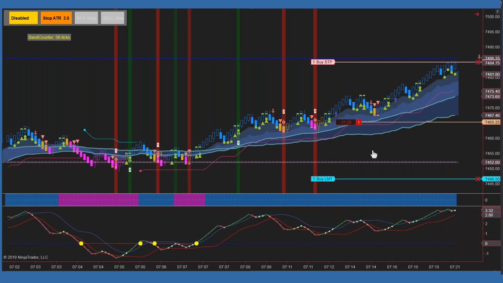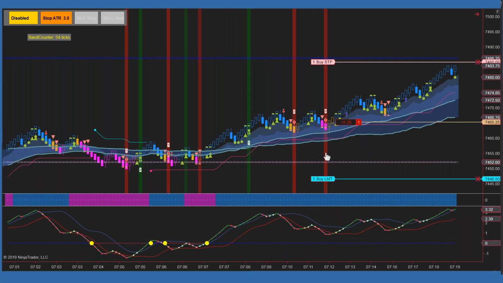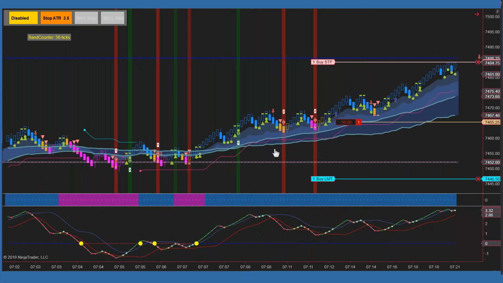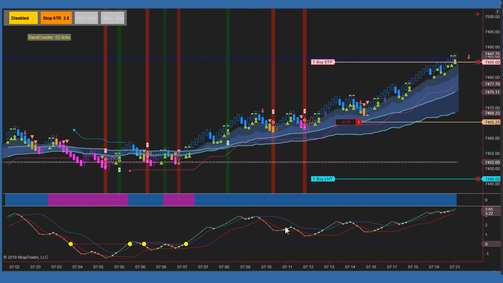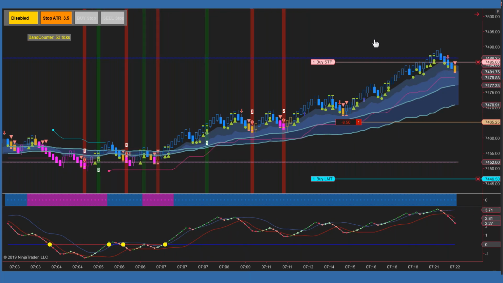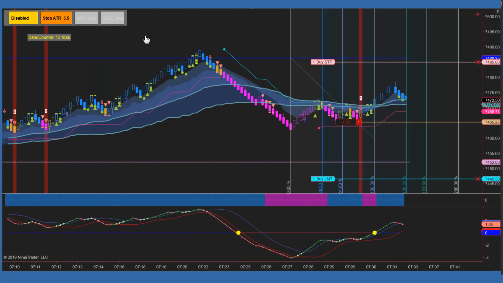So for instance, if we were looking, say, at this number 2 signal to short back here, the Bollingers were actually very neutral, versus, say, this buy signal over here, the Bollingers were already bullish. So it's a great little confirmation tool in that respect.